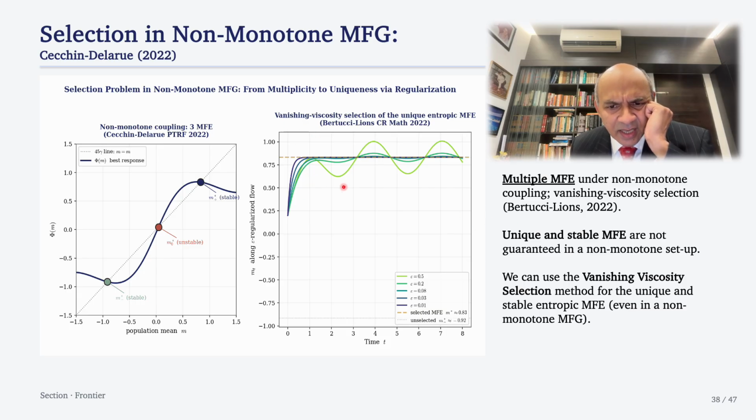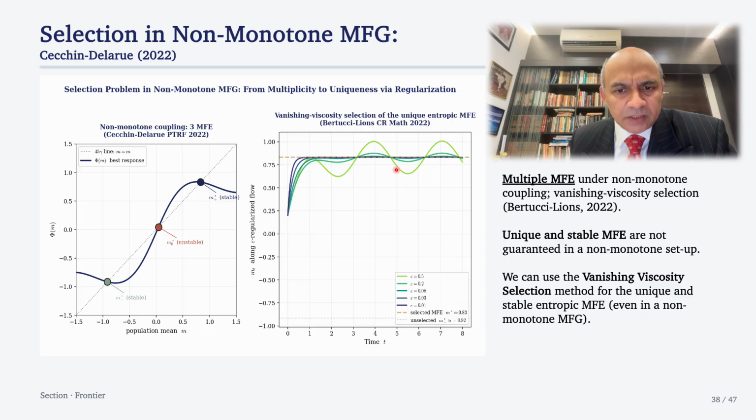You can see that in this case, a unique and stable equilibrium is not guaranteed in a non-monotone setup, but the vanishing viscosity selection method for the unique and stable entropic mean field equilibrium may be possible even in a non-monotone MFG. So it can possibly reach an equilibrium that is unique under the entropic MFE condition.